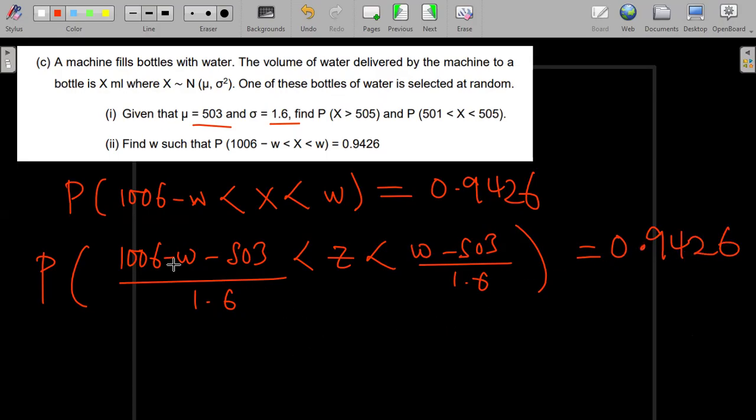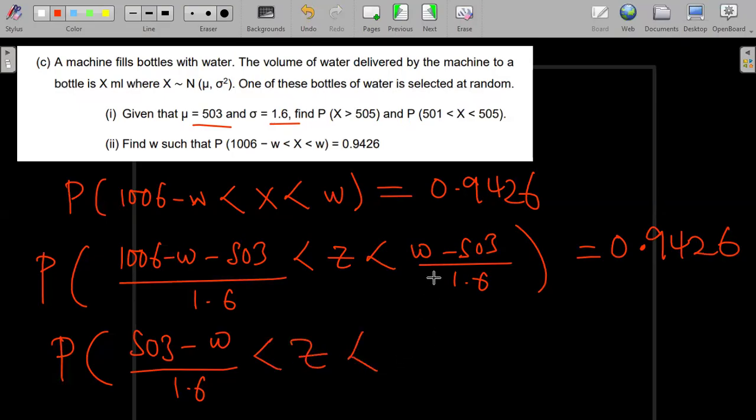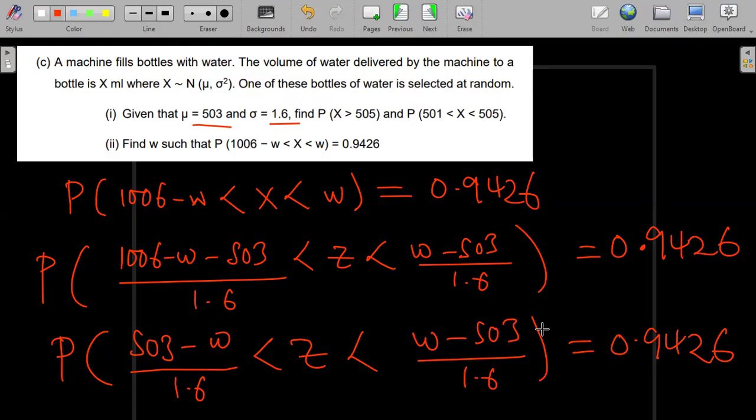So let's subtract: 1006 minus W minus 503. I'm just going to get 503 minus W over 1.6, less than Z, less than W minus 503 over 1.6, and this is equal to 0.9426.